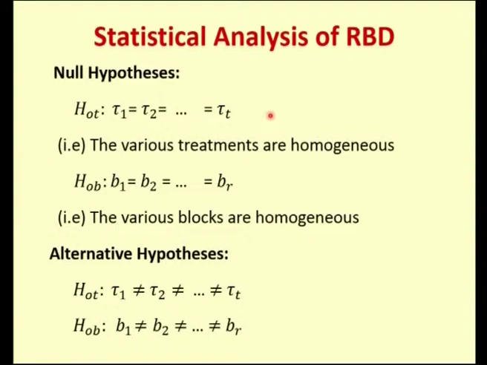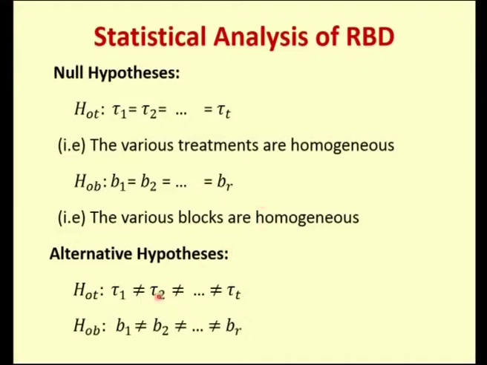And to carry out the analysis, we frame the null hypothesis against the alternative hypothesis. So, here the null hypothesis is that the various treatments are homogeneous and the various blocks are homogeneous. In other words, tau_1, tau_2 and so on up to tau_t are equivalent, and beta_1, beta_2 up to beta_r, that is, the effects due to the r blocks are homogeneous.